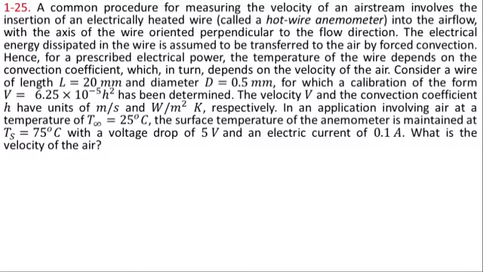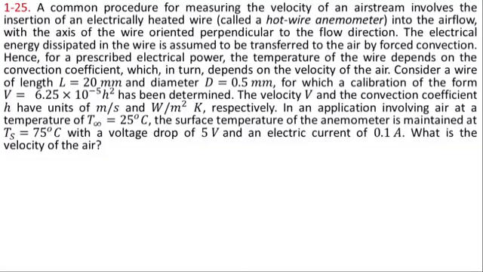Now we have another problem, which is problem 1-25 from Incropera and DeWitt. A common procedure for measuring the velocity of an air stream involves the insertion of an electrically heated wire called a hot wire anemometer into the airflow with the axis of the wire oriented perpendicular to the flow direction.